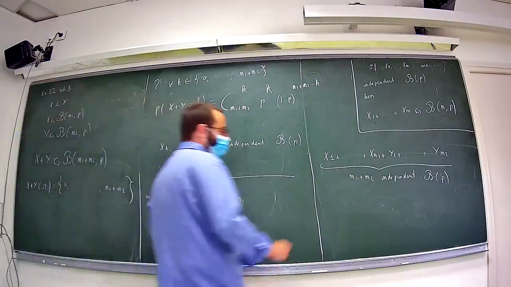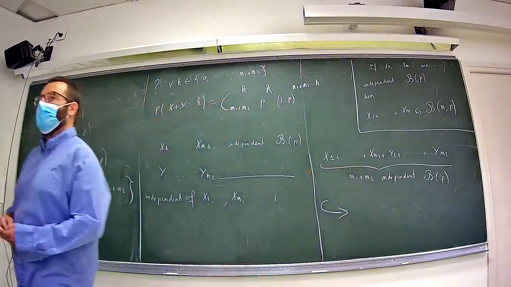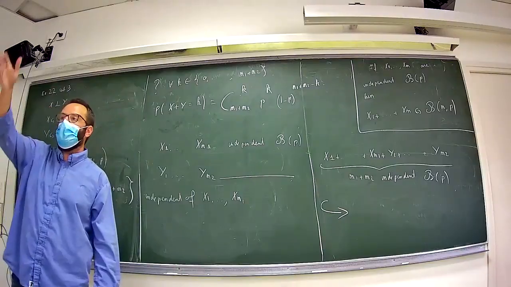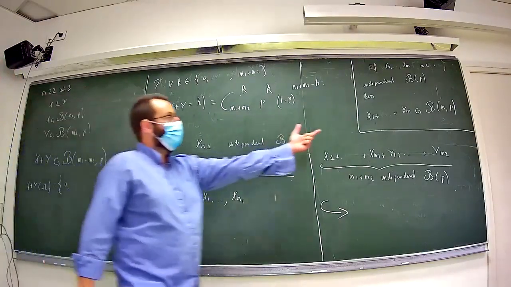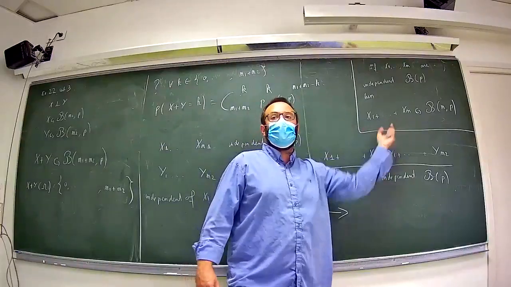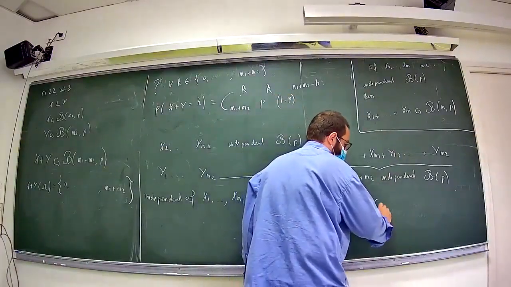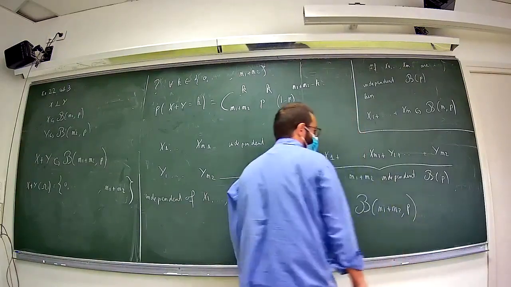So at the end, what is the distribution of the whole sum here? You have the sum of n1 plus n2 independent Bernoulli of parameter p. From this result here, you have a binomial of parameter n1 plus n2, p.